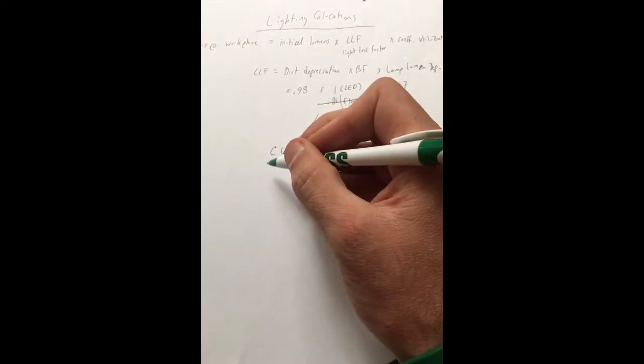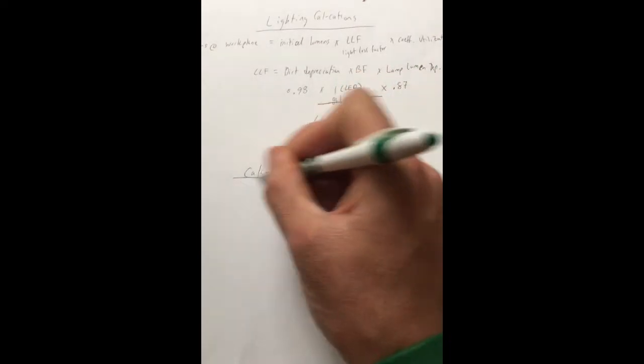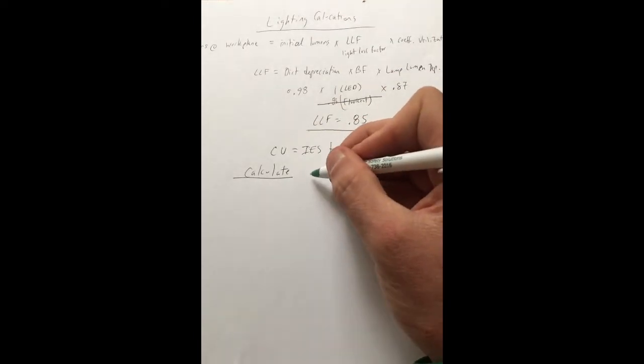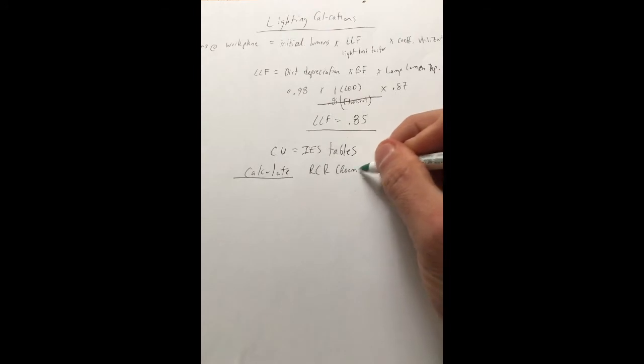There's a few things that go into this. The thing that you'll need to calculate before we go to this table is the room cavity ratio.